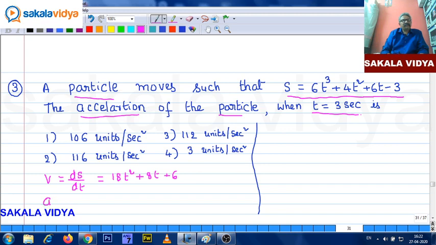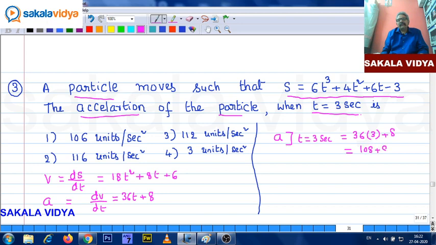Next acceleration is dv by dt. So, this is 36t plus 8. Now, acceleration at t is equal to 3 seconds: 36 into 3 plus 8. 36 into 3 is 108 plus 8, 116. But what are the units for acceleration? Units for acceleration is units per second square. So, that means the second option is the right option.